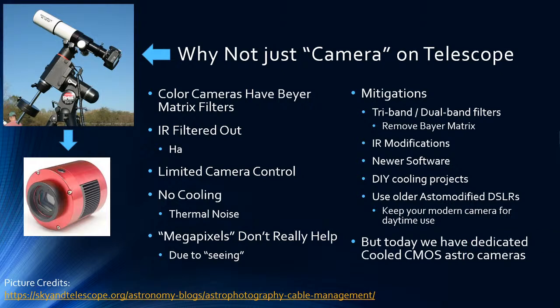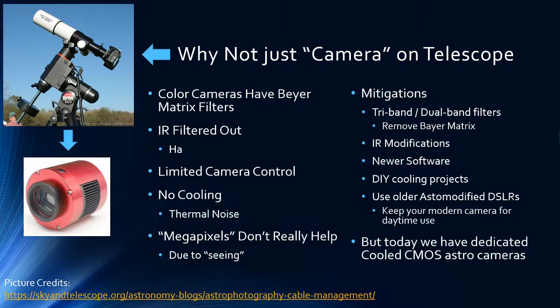So why not just a camera and telescope? What is the reason that you need to go more complex than that? Well, first of all, your terrestrial or daytime photography camera is going to be a color camera, which means it's got what's called a Bayer matrix of filters in front of the sensor.